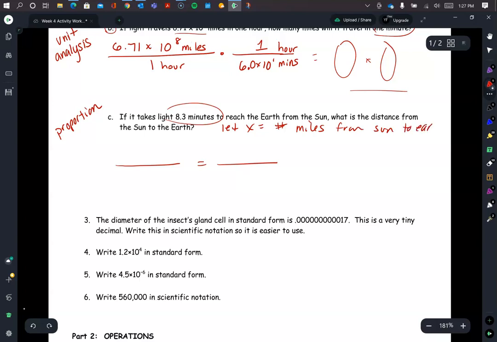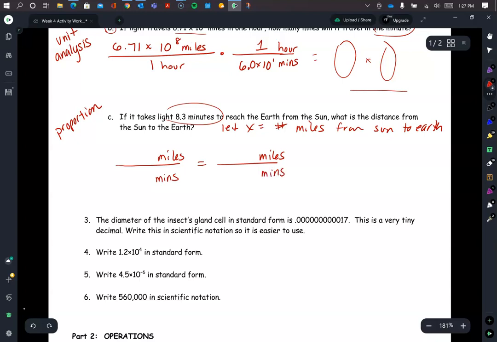I'm just kind of abbreviating here quickly. And then I want to have my miles. So I want the units to match and be in the same corresponding spots in the numerator and in the denominator. So then I want minutes on the bottom.